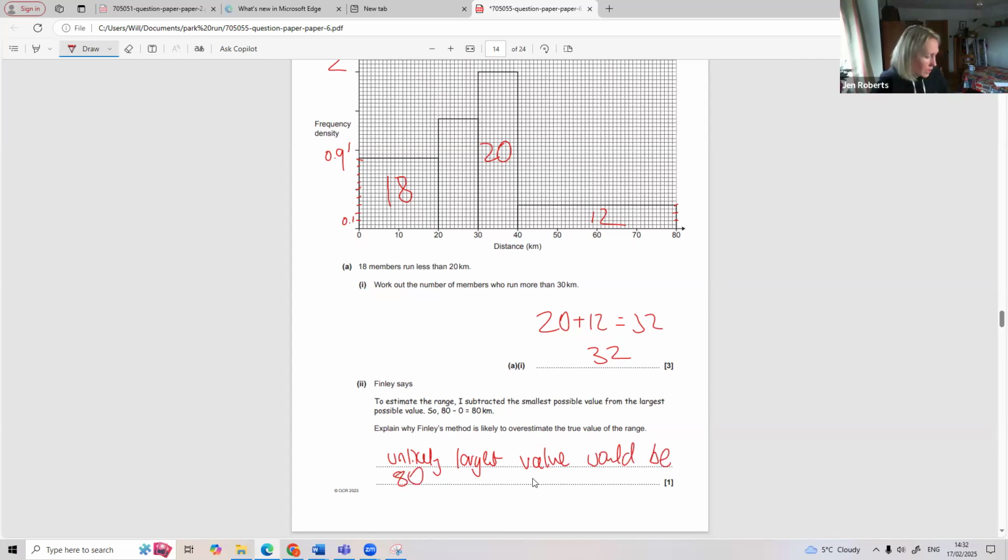The longest distance could be anywhere between 40 and 80. Unlikely the smallest value would be 0. The shortest distance could be anywhere between 0 and 20, except exact distances are not known. The data is in groups.